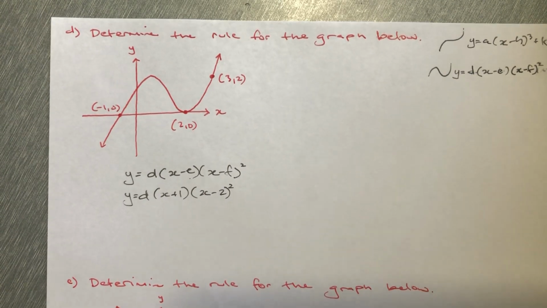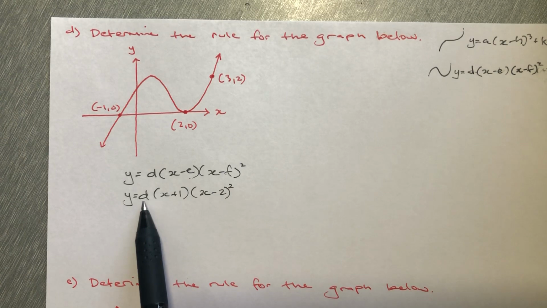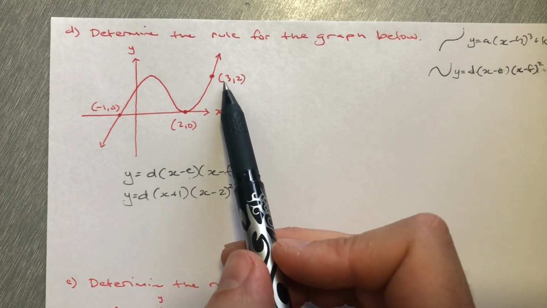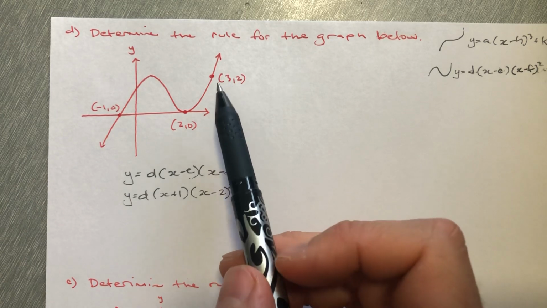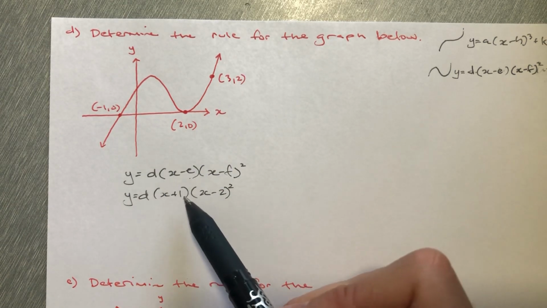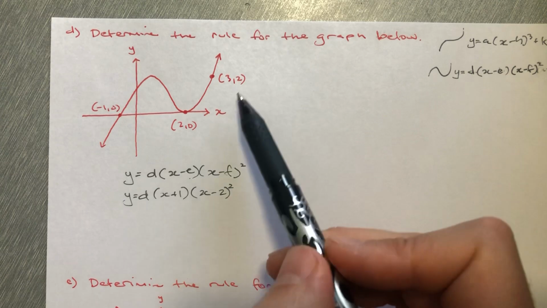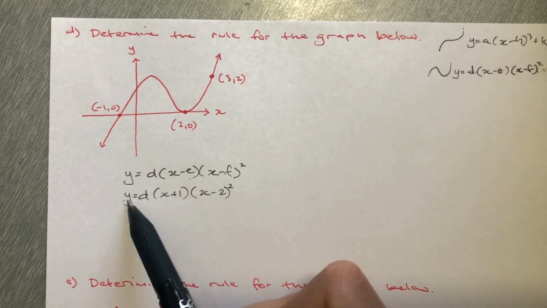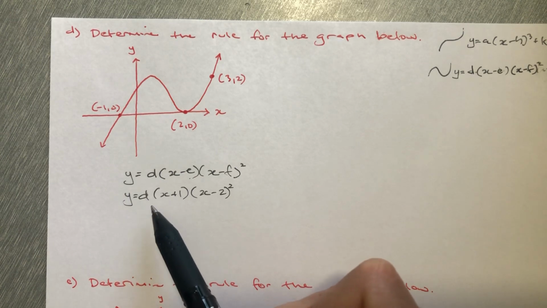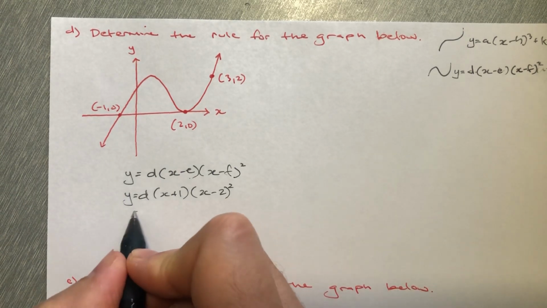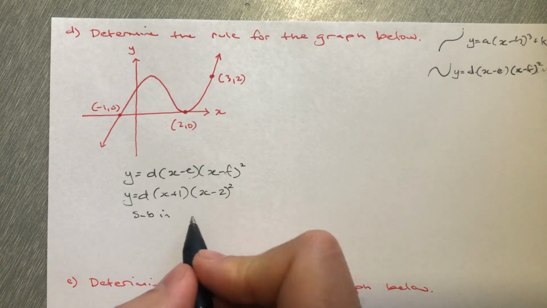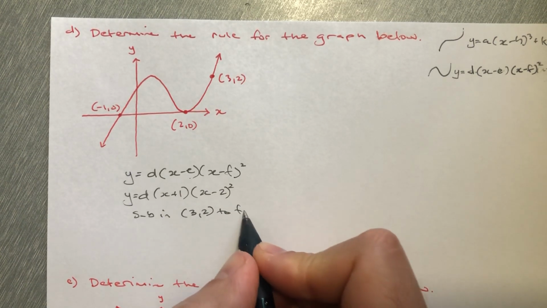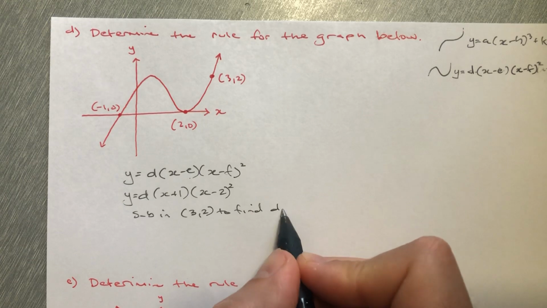Now hopefully you can notice that there's only one more unknown, the d. They've given us another point. If we substitute this point in, the only thing inside this equation that we don't know is going to be that d, because your x is going to be 3, so 3 and 3. Your y is going to be 2, put in a 2. The only thing left is d, so we're going to be able to solve. So, sub in that extra point that we were given. We're finding d.